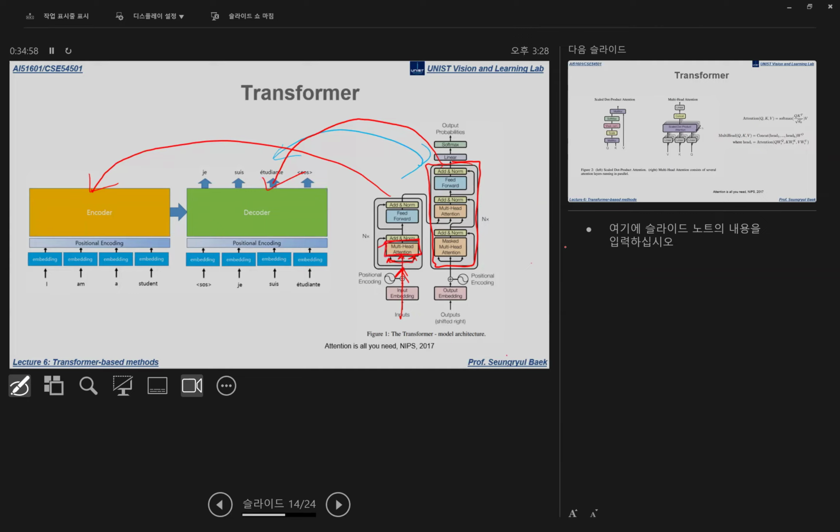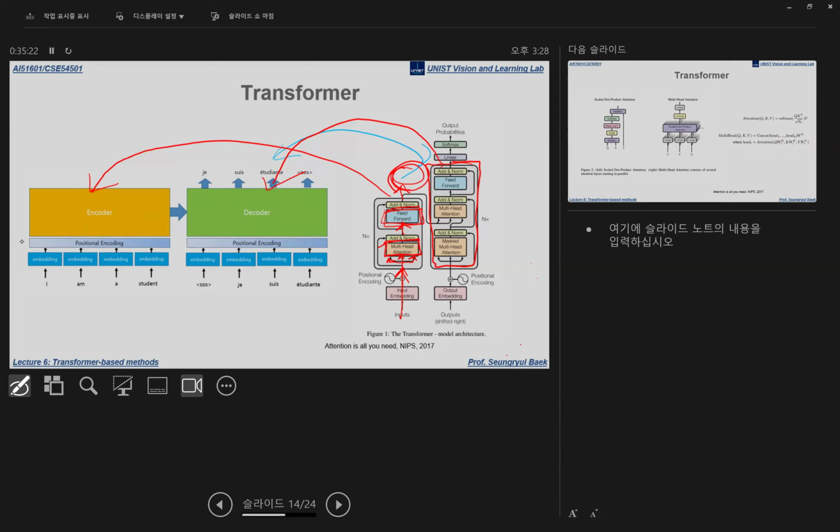And the attention mechanism that I explained in the previous slide is calculated, and then it is applied with a feed-forward layer, which is similar to the MLP layer. And this becomes the feature vector for the entire sentence.